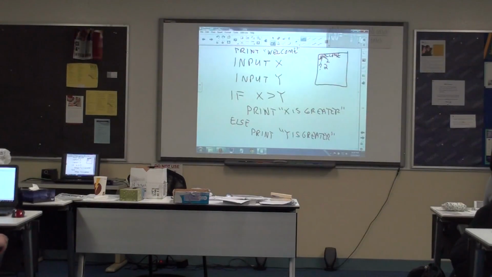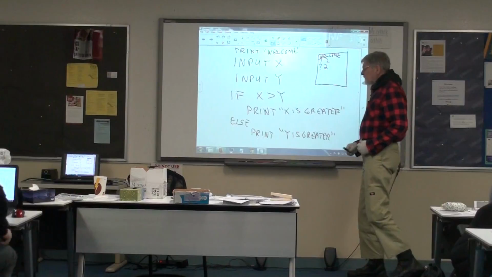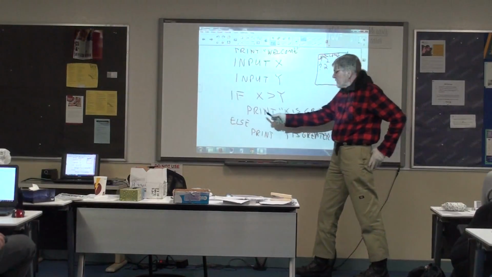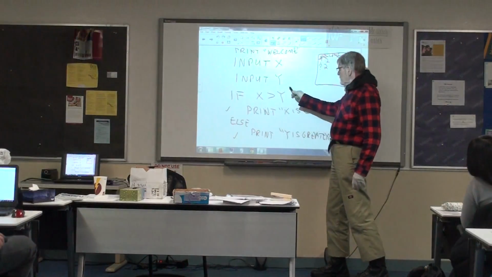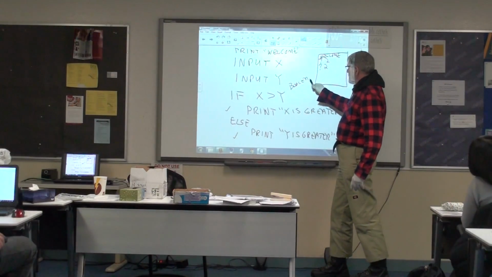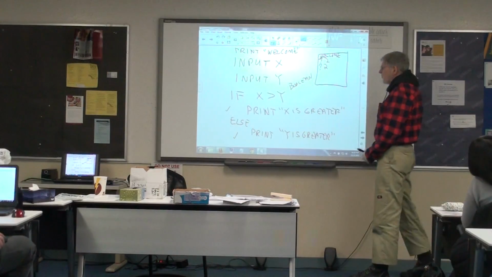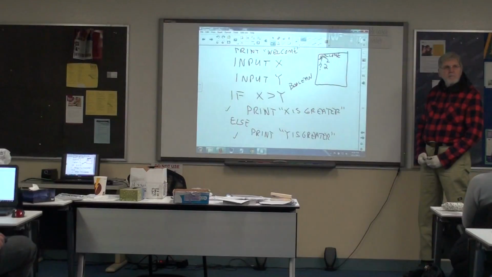So the next thing it's going to do, it comes to the if statement. The if statement has 2 blocks of code. This is the first block, and this is the second block. This is called a Boolean expression. A Boolean expression is an expression that will evaluate to only true or false.